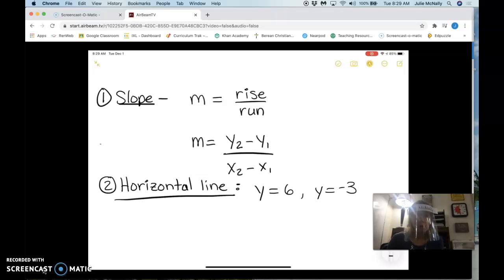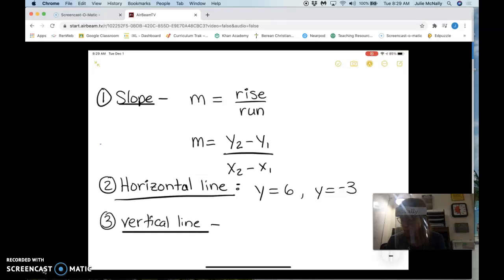But y is going to equal something, and that's how you know if you have a horizontal line. If you have a vertical line, it's going to be x equals something. x equals 5, or x equals negative 8, whatever it might be. Okay, so horizontal line, y equals something. Vertical line will be x equals something. And I'll show you some examples of that in a few minutes.